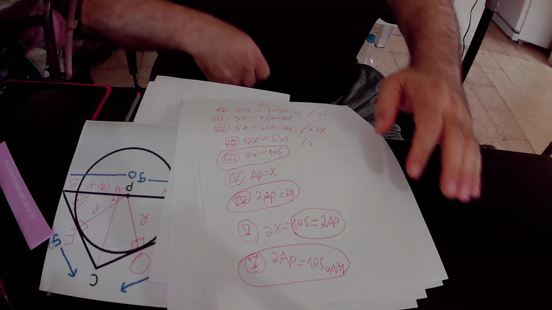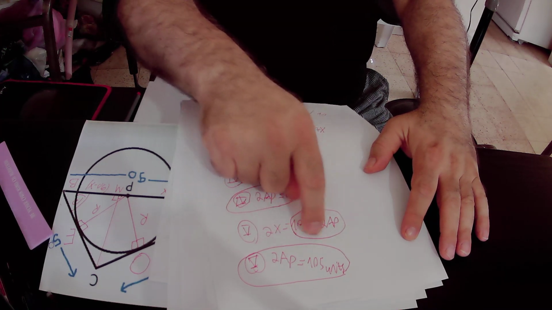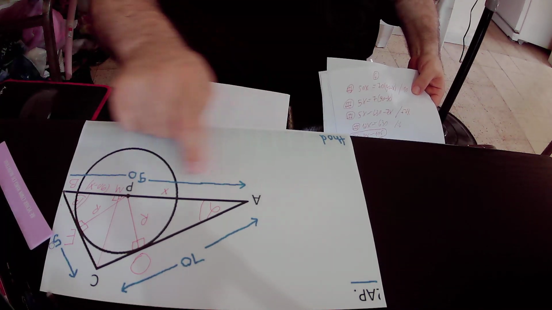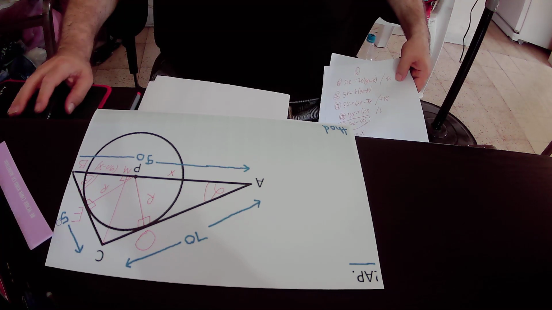So 2 times AP equals 105 units, so the size of 2 times AP is equal to 105 units. Okay, thank you very much.